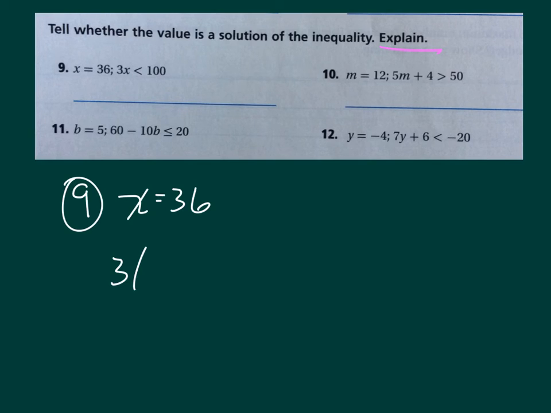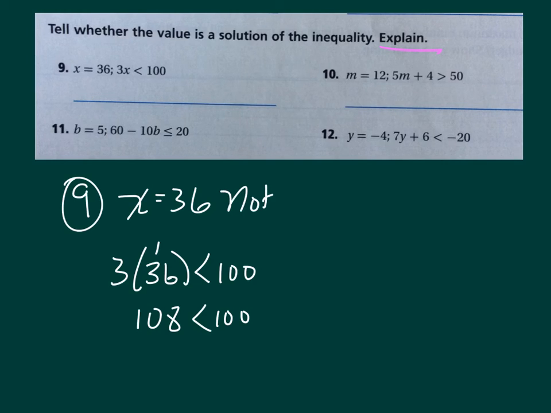If I plug that in for x, I want it to be less than 100. 3 times 6 is 18, carry the 1. 3 times 3 is 9, plus 1 is 10. So 108 is not less than 100. So x equals 36 is not a solution.